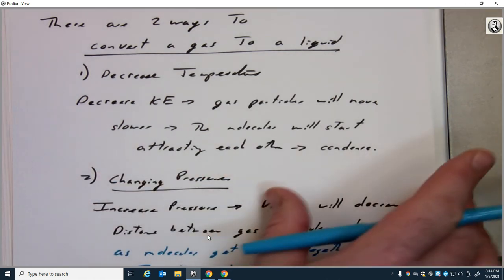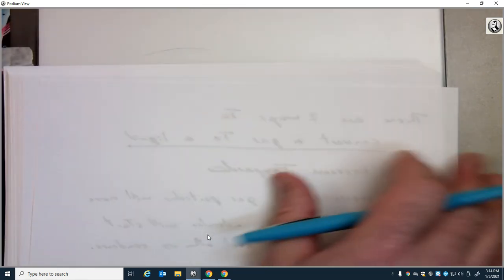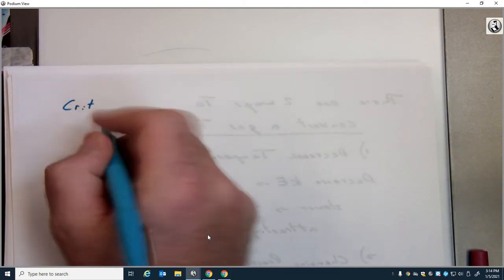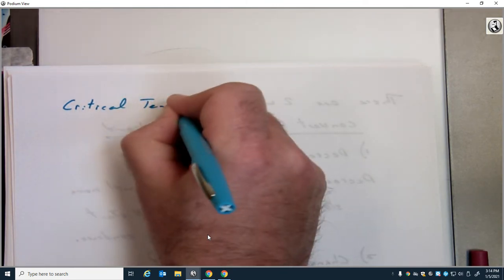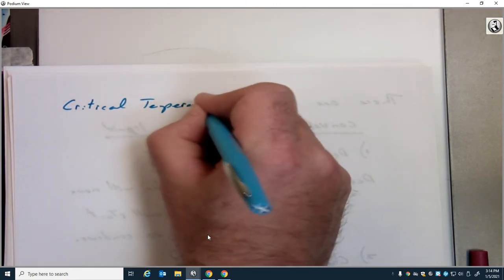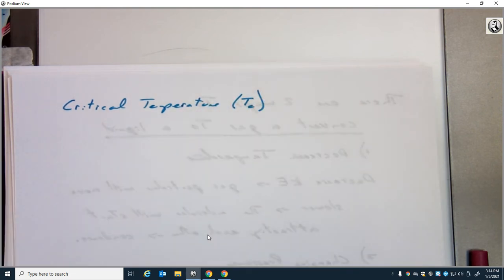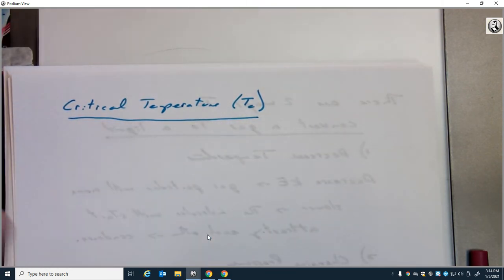Good. All right, there are some special temperatures and pressures that we need to talk about. We need to talk about the critical temperature, and that's T sub C. So let's define our critical temperature.